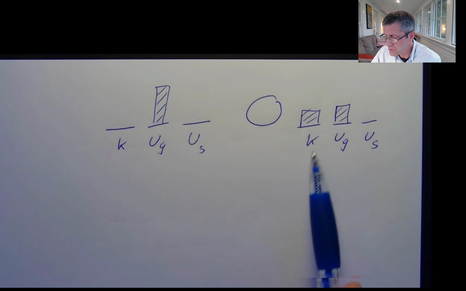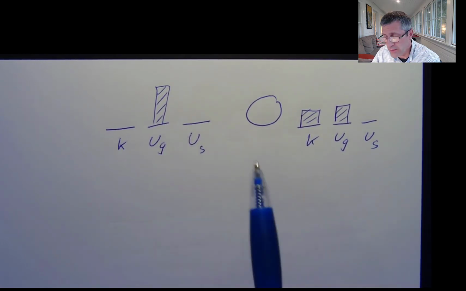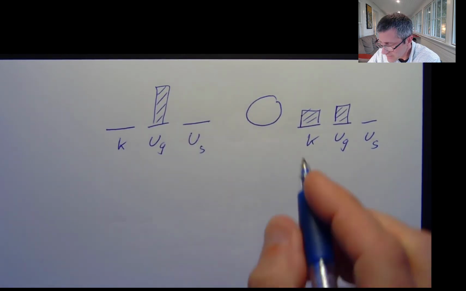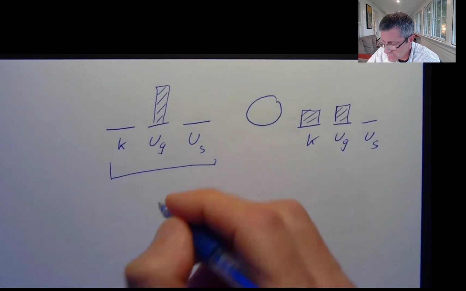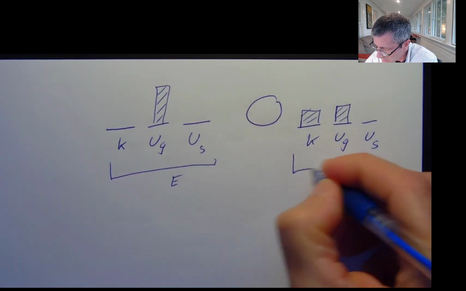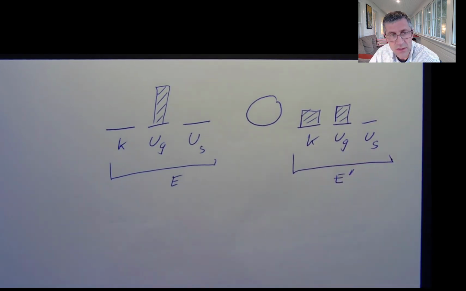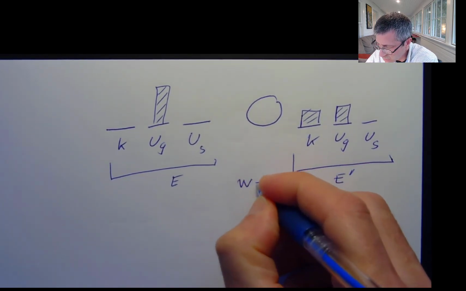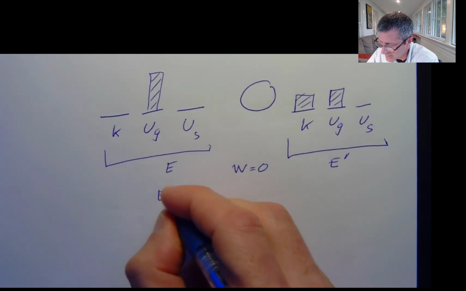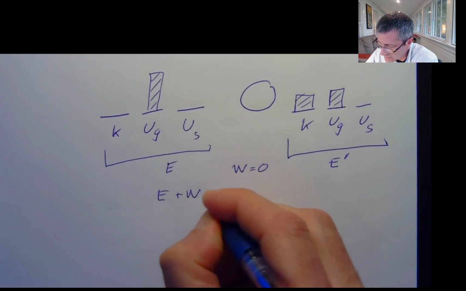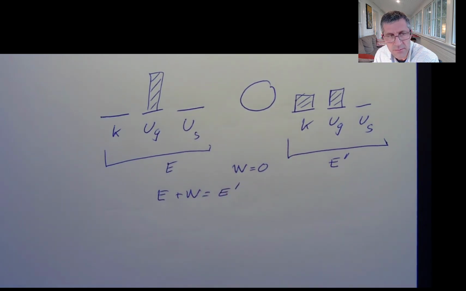Right? And these two bars are going to equal this, right? So there's no friction. I didn't add anything out of my system. So this is my energy before. This is my energy afterwards. I'm going to say my work is 0, so I didn't do any work on it. Now I'm going to write out the energy that I start with plus work is going to equal the energy that I ended with.